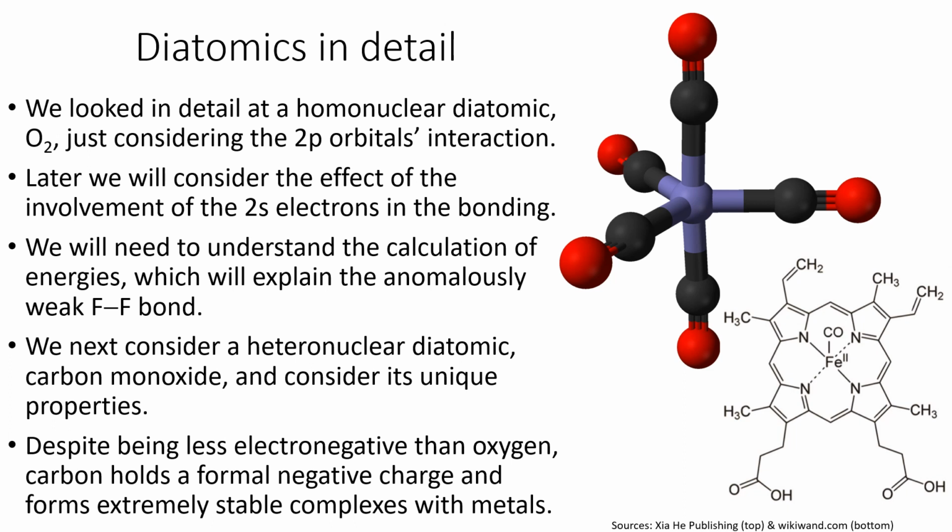And we've got 5 of these carbon monoxide ligands. The lone pair on the carbon is what coordinates in carbon monoxide transition metal complexes. 5 ligands, each putting a pair of electrons in, gives a total of 18 electrons around the outer shell of the iron.